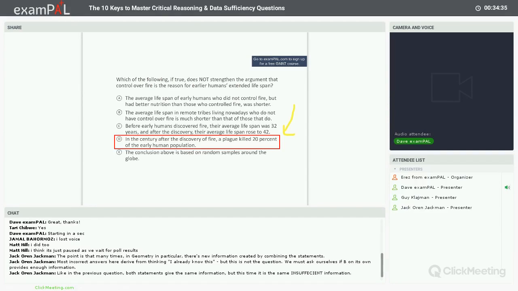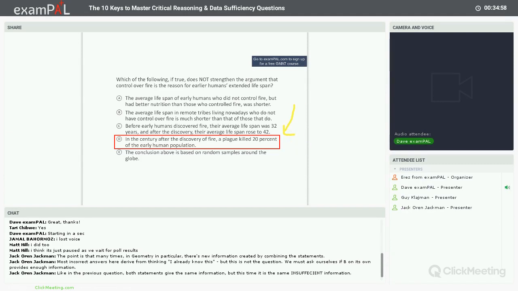Well, wait a minute. We know from the question that human life did increase. The question assumes that human life increased. When it asks us what is the reason for the extended lifespan, that means we know it happened. And the question is not whether it increased or not. The question is whether fire helped.